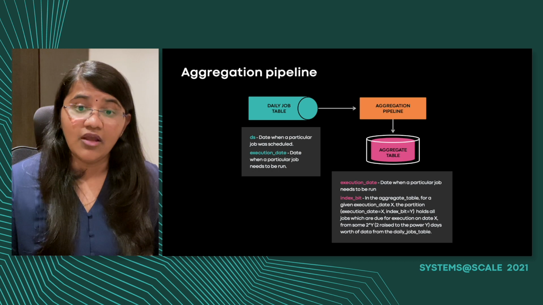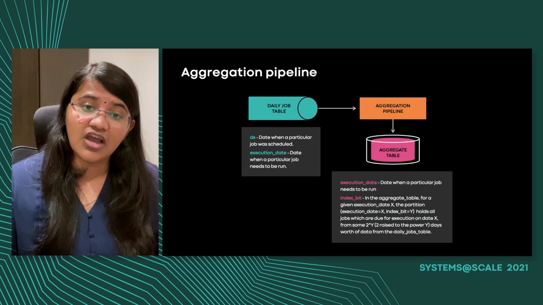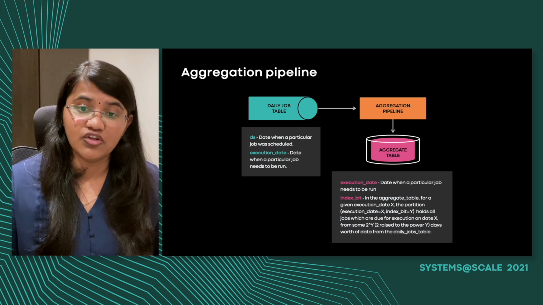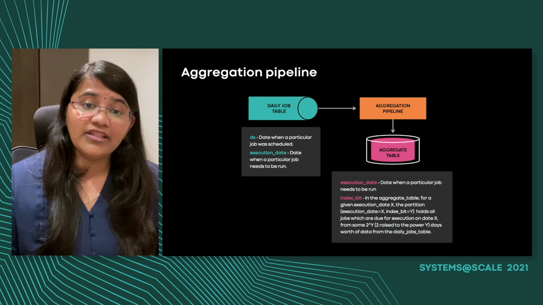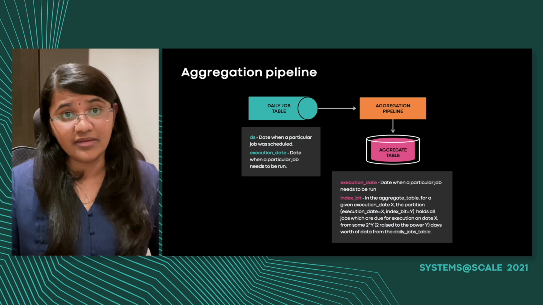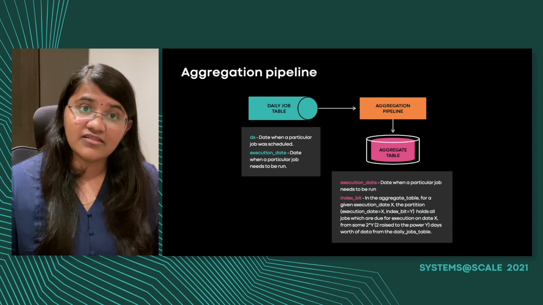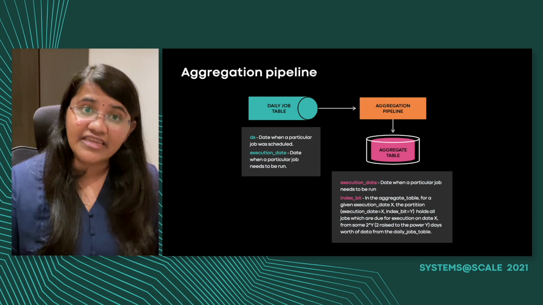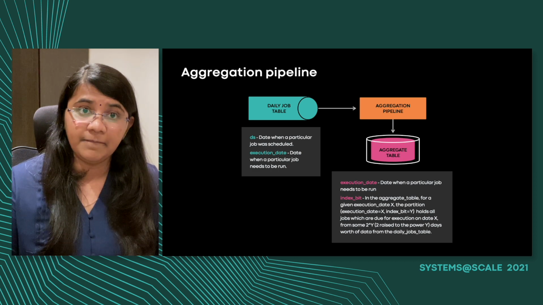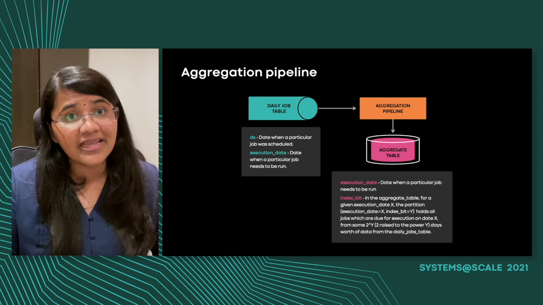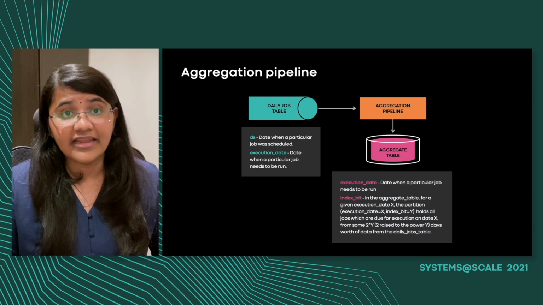DS is the date when particular objects are scheduled for deletion. Execution date is the date when the object is expected to be deleted. The aggregate table is the table which tells us which objects are supposed to be deleted on a given execution date. This table is partitioned by execution date and index bit.